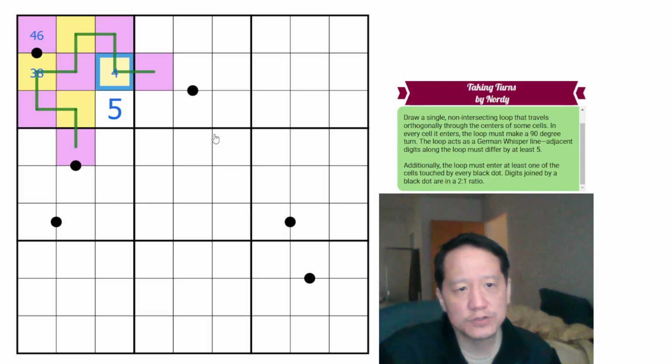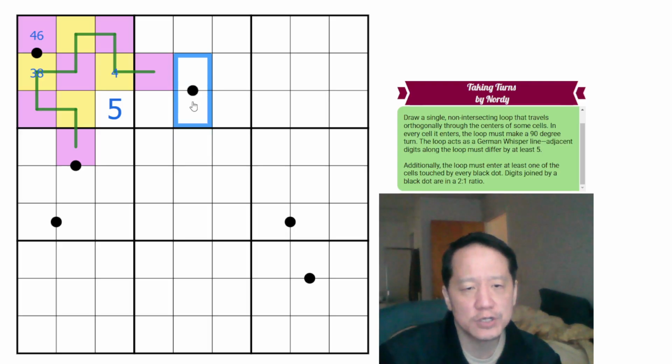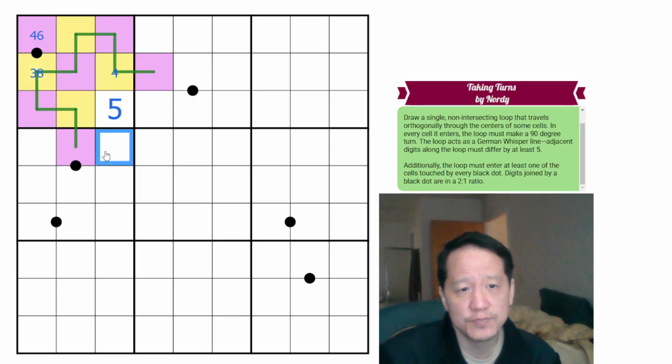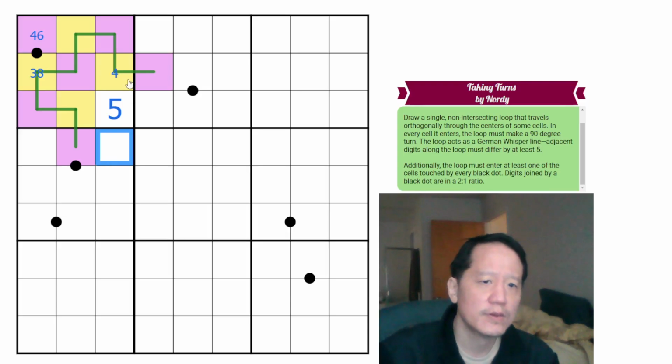Let's see. What else do we know? We know the German whisper line has to enter in one of these two cells, but we're not sure which. It could be both again, but this again could be 4.